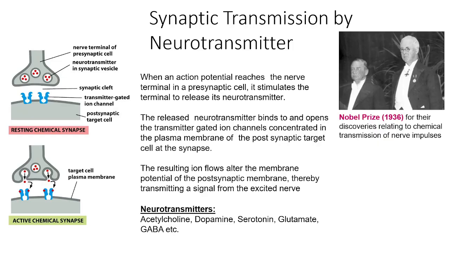The neurotransmitter then binds to the transmitter-gated ion channels on the postsynaptic cell, altering its membrane potential and transmitting the signal. This fundamental mechanism earned the Nobel Prize in 1936 for discoveries related to chemical transmission of nerve impulses. Examples of neurotransmitters include acetylcholine, dopamine, serotonin, glutamate, and GABA.